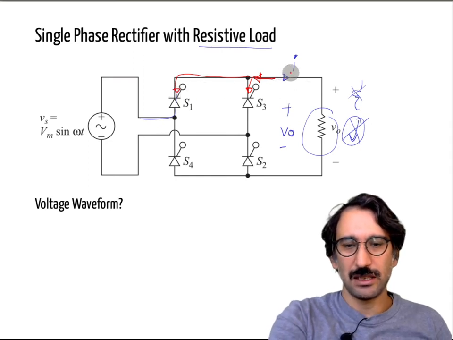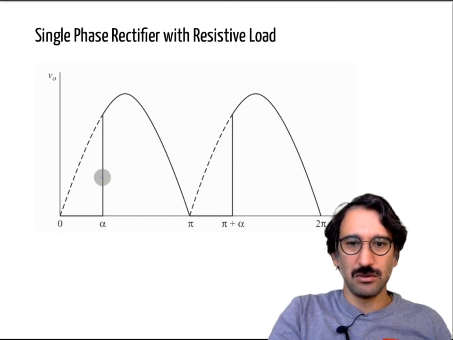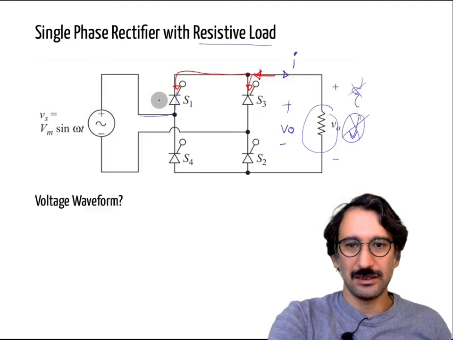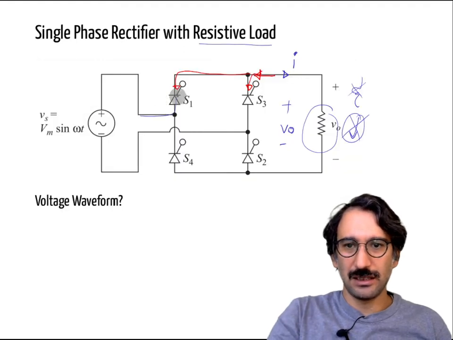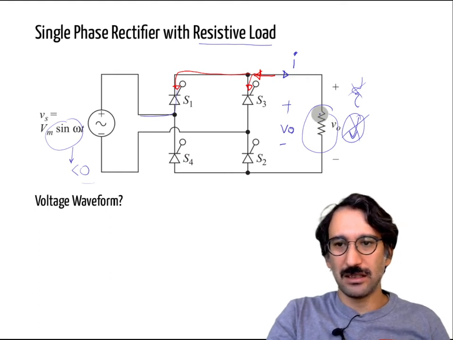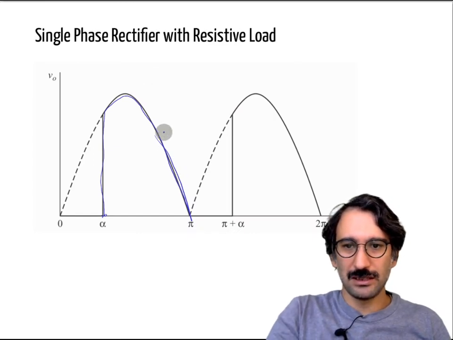So let's have a look at the voltage waveform. Let's start here. So you fired it, and then it just starts conducting from one point to another, and at that instant you are supplying it through here. Now your output voltage gets smaller than 0. But there is no energy storage element on the secondary side, so the current would like to go negative.